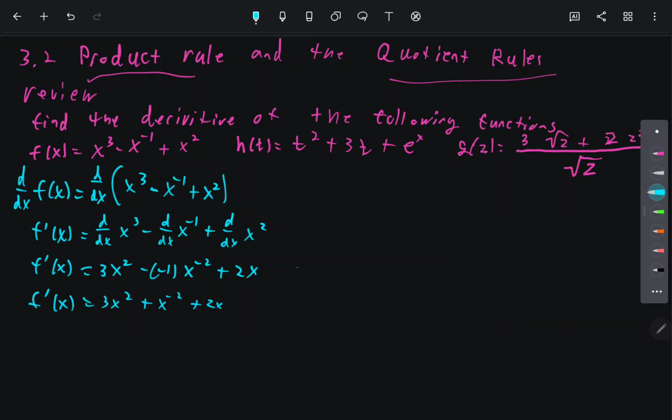Next problem. We need to find the derivative with respect to t of h of t. So we have h of t is equal to t squared plus 3t plus e to the t. There we go. Fix that. All right. So we are going to take the derivative of both sides with respect to t.